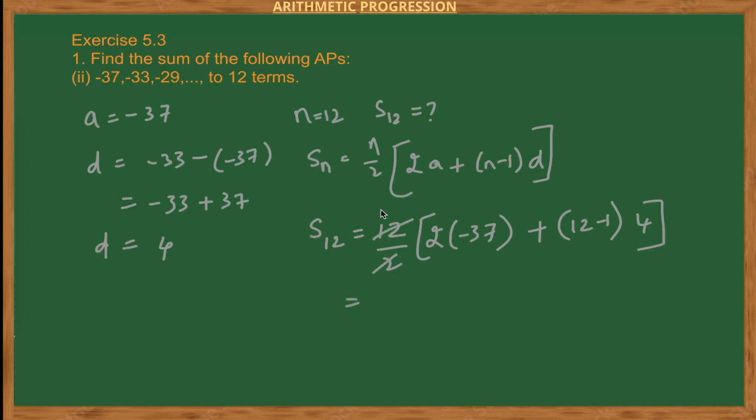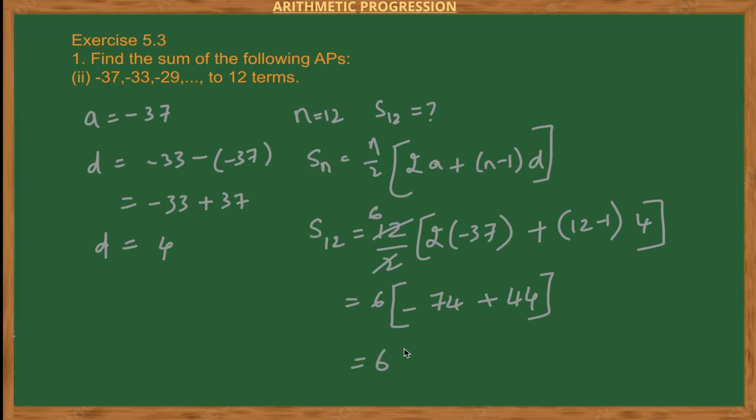2 ones are 6, so 6. Then 2 times minus 37 is minus 74. 12 minus 1 is 11, and 11 into 4 is 44.